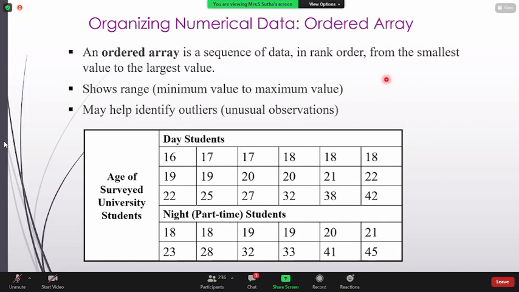Day students, night students. No. Now your variable is age. So how can we measure age? What is the measurement of this variable?